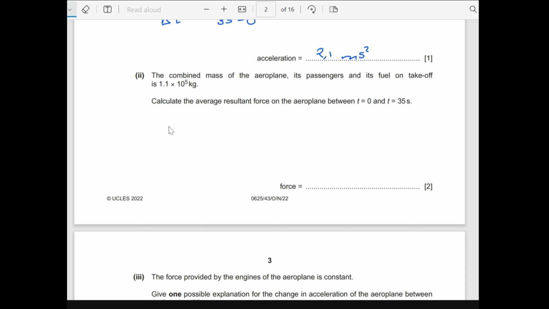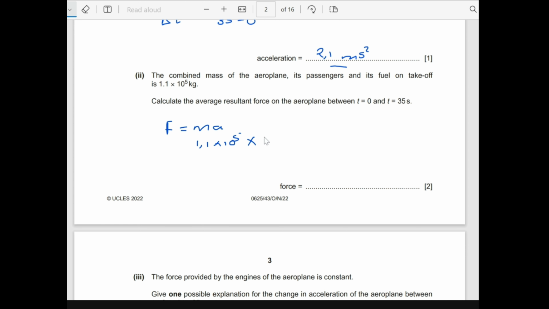So in this case, we can apply the equation F equals ma. Force is equal to mass times acceleration. So we want the average, then the mass here is 1.1 times 10 to the power 5 kgs multiplied by acceleration, which is 2.1.